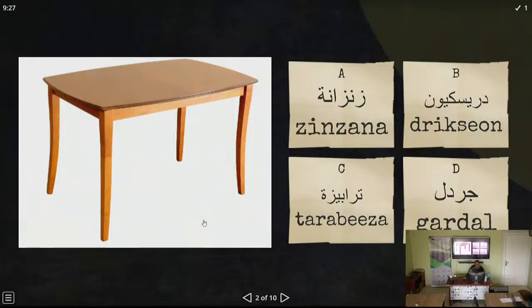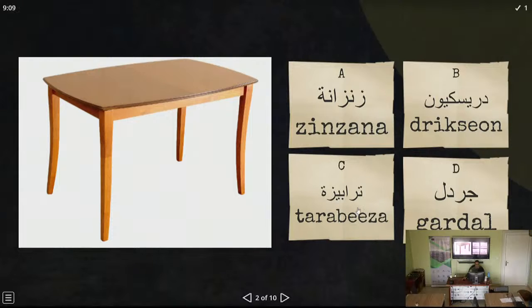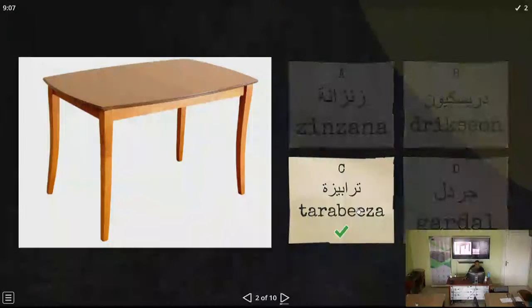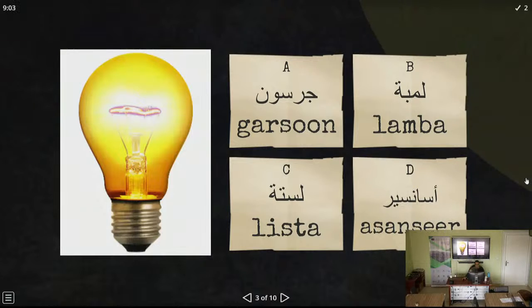And what about this one? Okay, so this is the word tarabiza from Coptic origin. And what about this one?